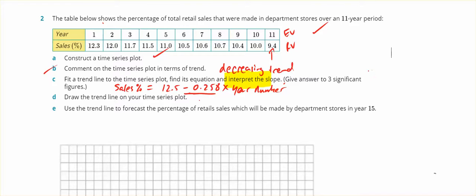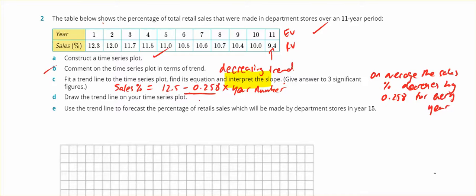Okay, so on average, and you always follow the script, when you ask to interpret slope, on average, the sales percentage decreases by 0.258 for every 1 year, or every year is fine.